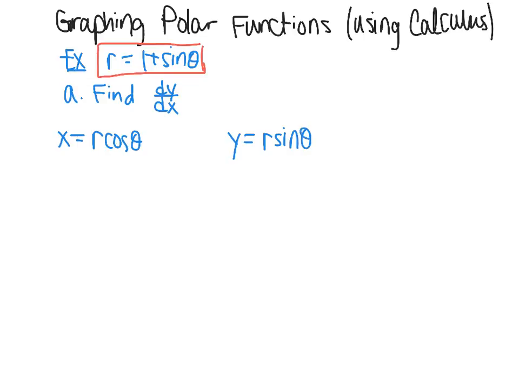Then all we're going to do is substitute what r is, because in our graph we know r equals 1 plus sine theta. So x equals (1 plus sine theta) cosine theta, and y equals (1 plus sine theta) sine theta.